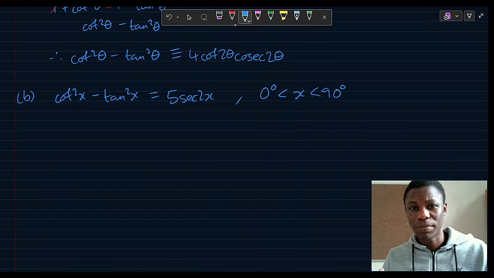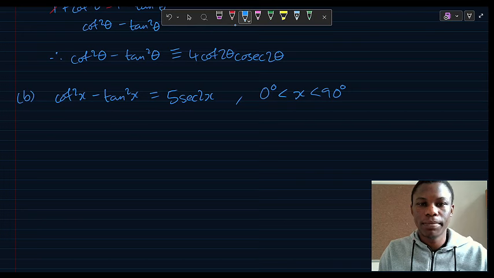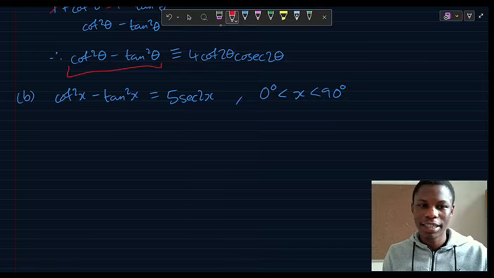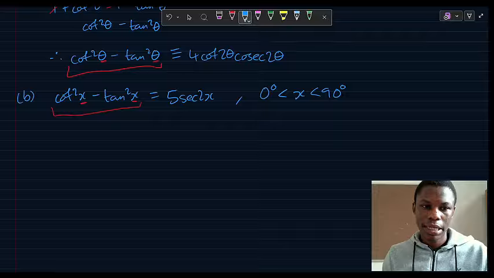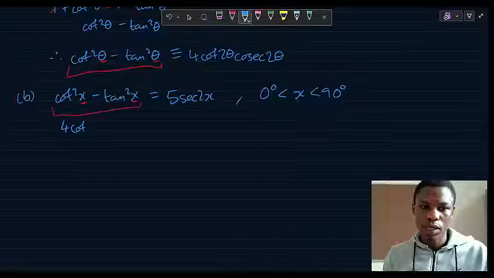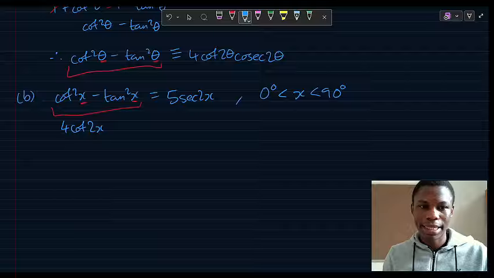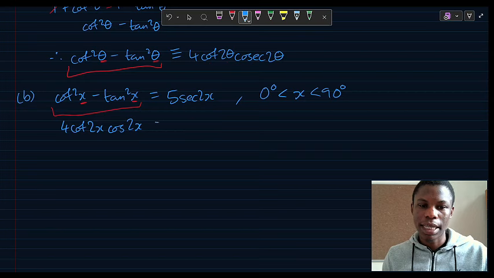They said hence, which implies that we have to use information from part A. Notice that our left-hand side is similar to that; the only difference is that the theta has become an x. So I can rewrite my left-hand side as 4 cot 2x cosec 2x, and this has to be equal to 5 sec 2x.